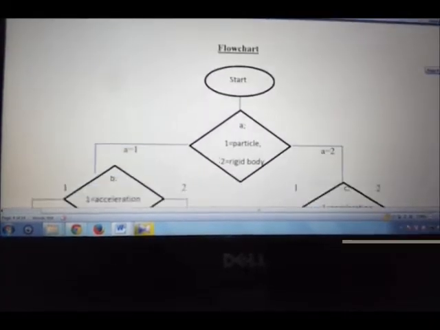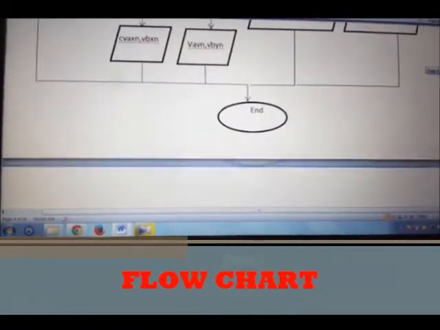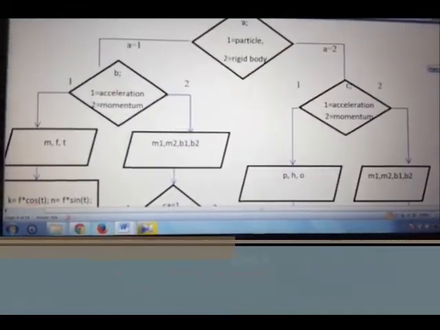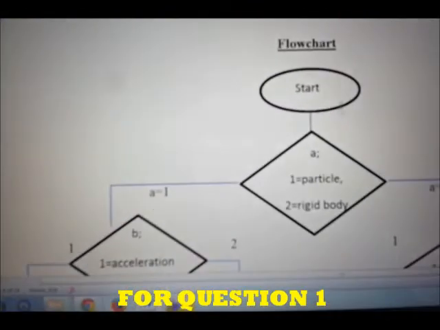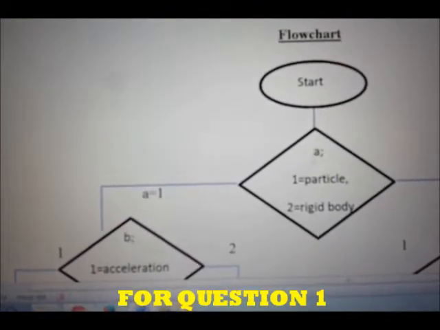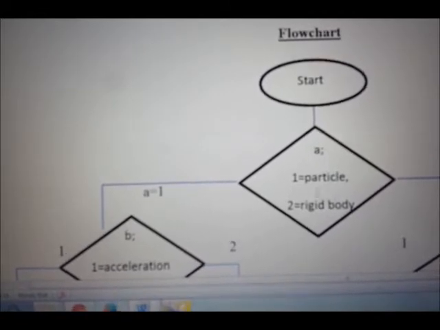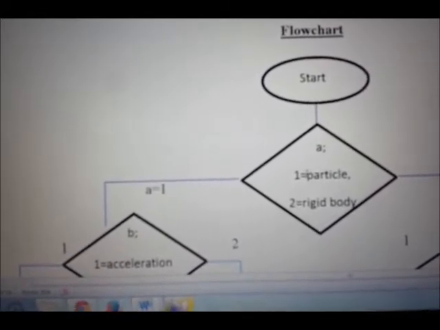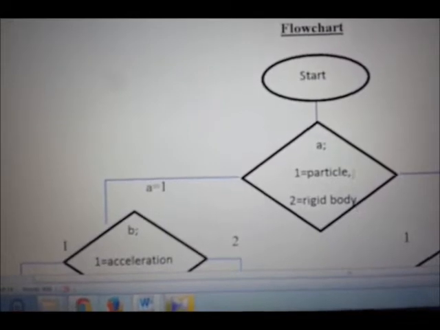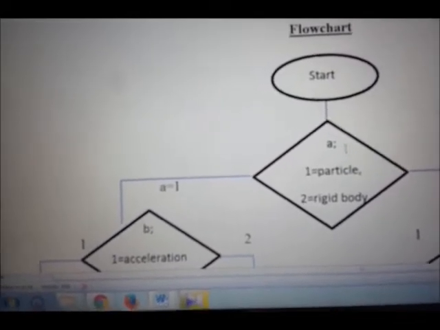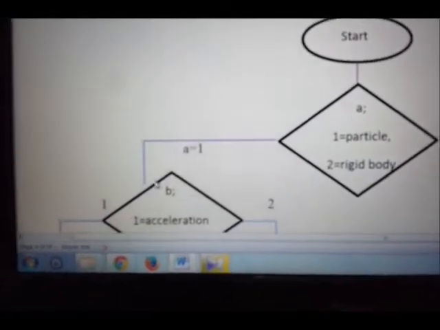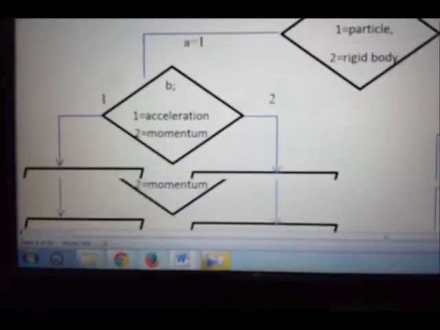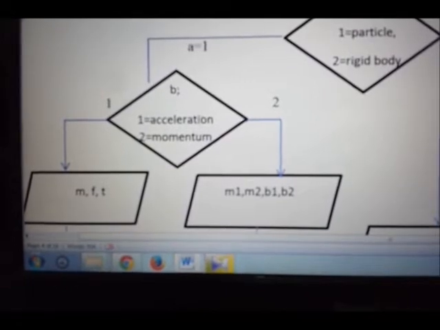Okay, this is our flowchart for the programming. First we start here and we find if-else looping. The program asks 1 for particle and 2 for rigid body. For question 1, we choose 1 for particle and we find if-else looping again.